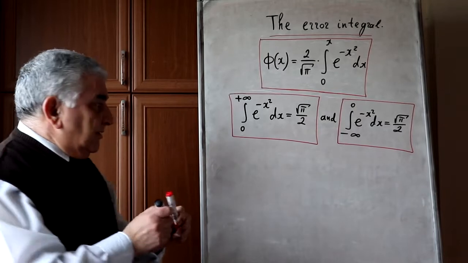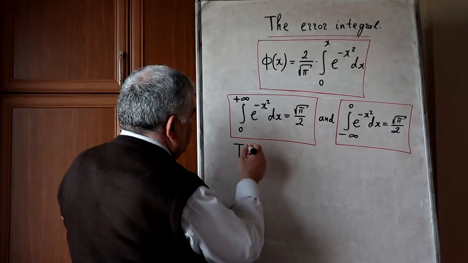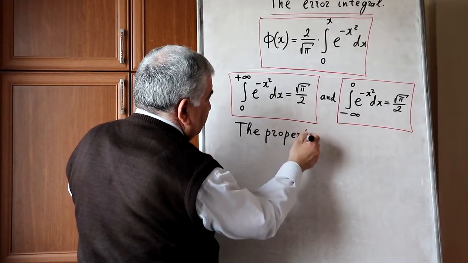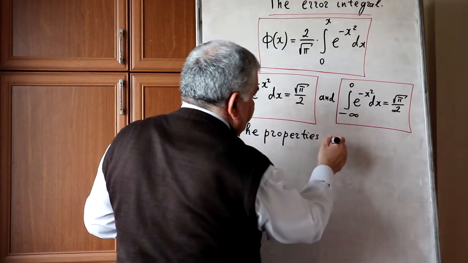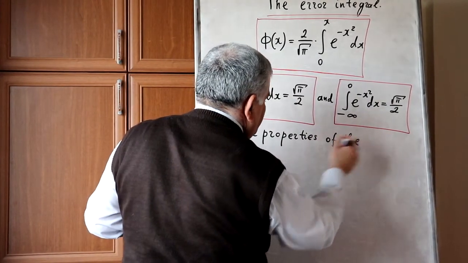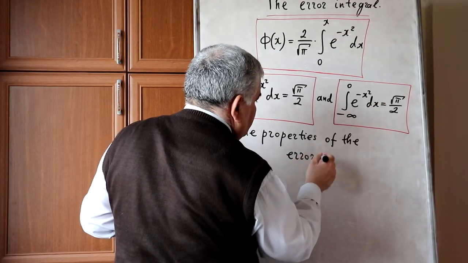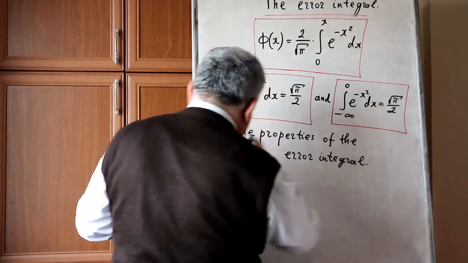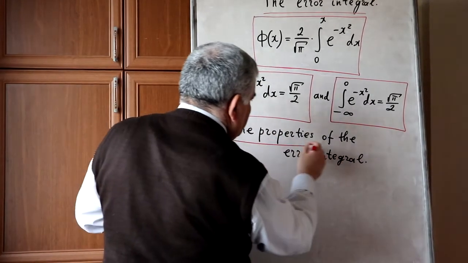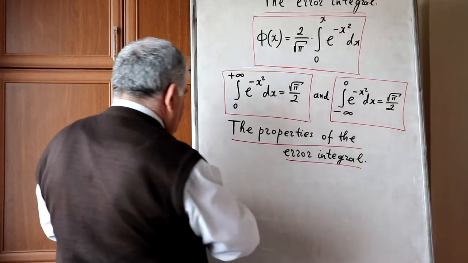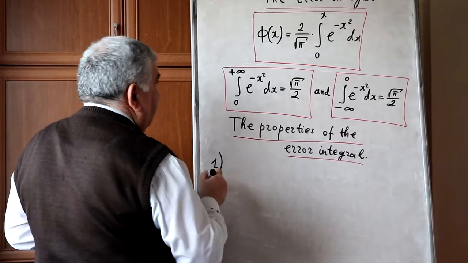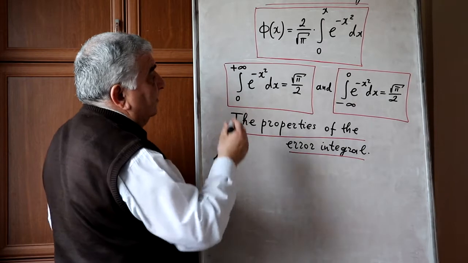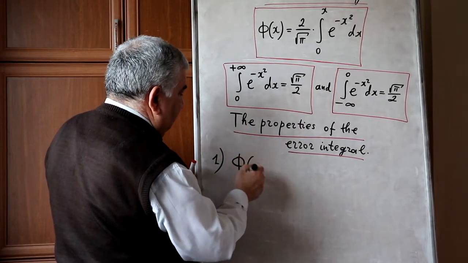Now consider the properties of the error integral. First property: find the value of capital phi at 0, phi of 0.